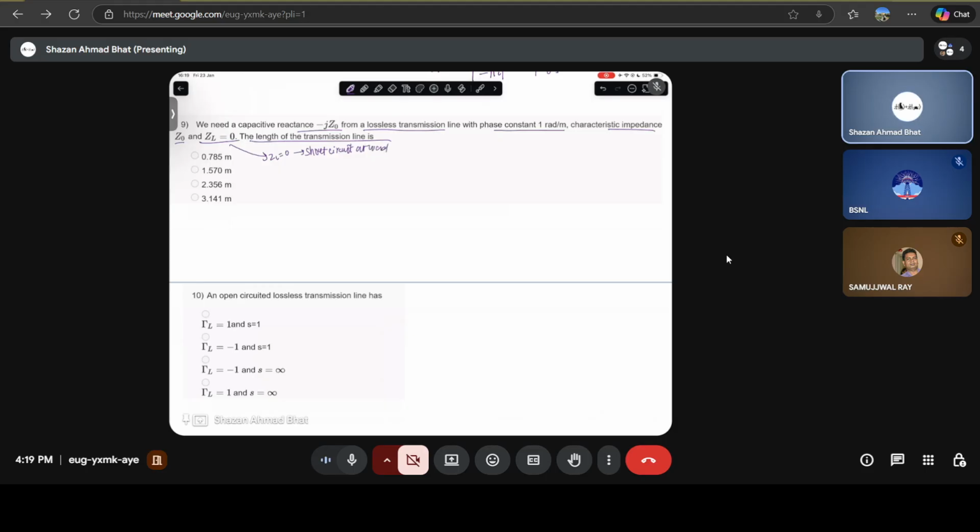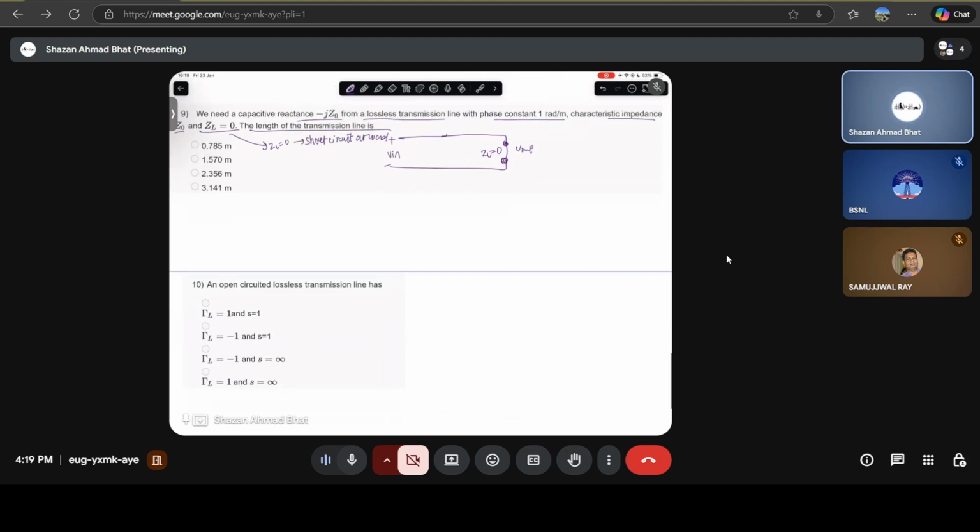That means it's a transmission line with something like this. This is the input side, this is the output side. There is a short, that means ZL equals 0. And Z input is J times Z0 tan of beta L. These are the relations derived.